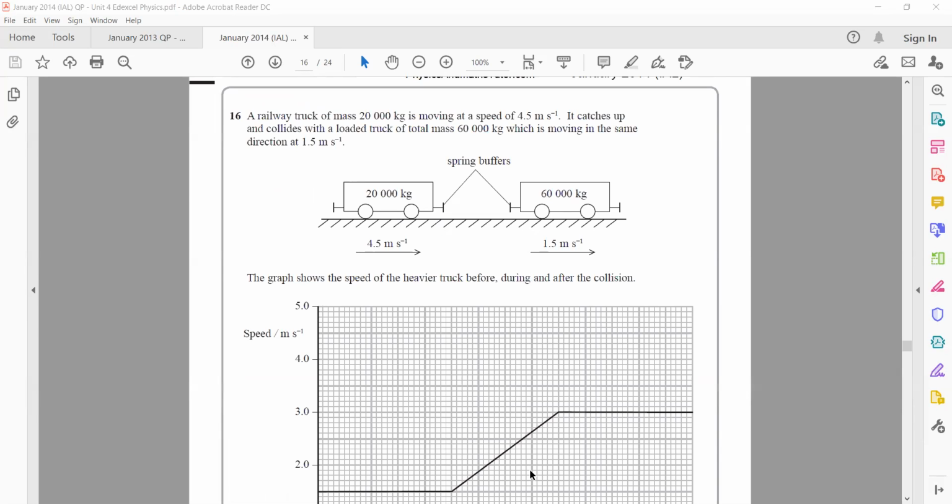Can you identify it from the figure? Why is the kinetic energy halfway through the collision not the same as the kinetic energy at the end?